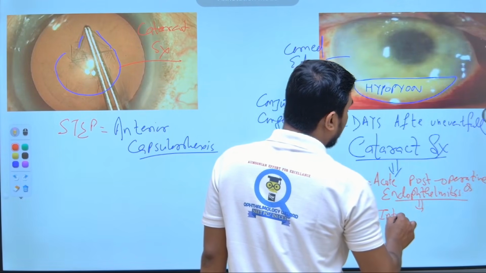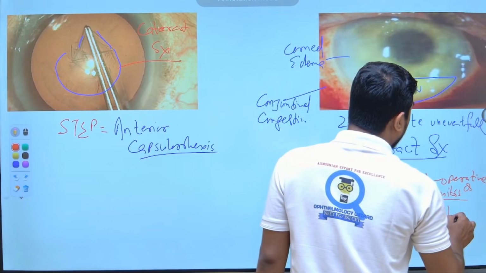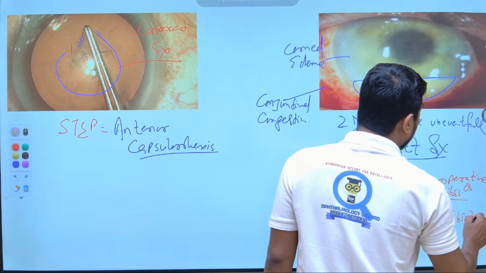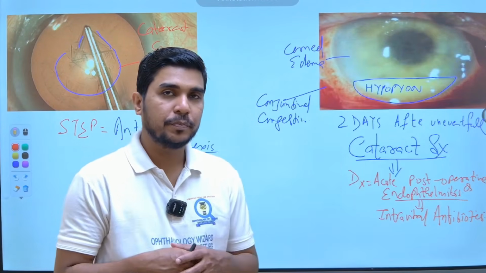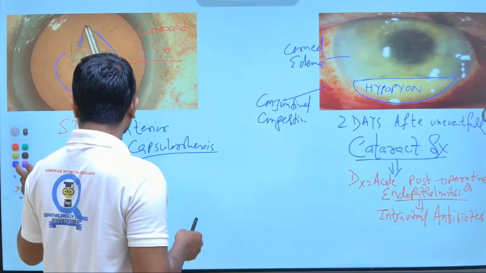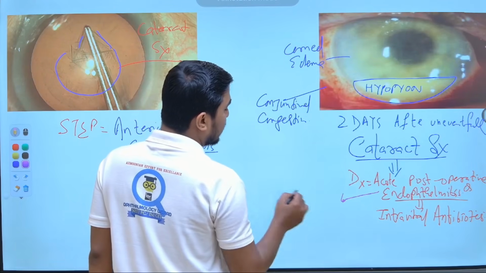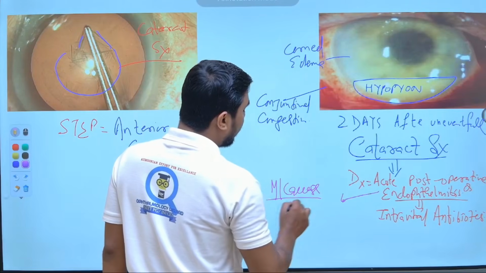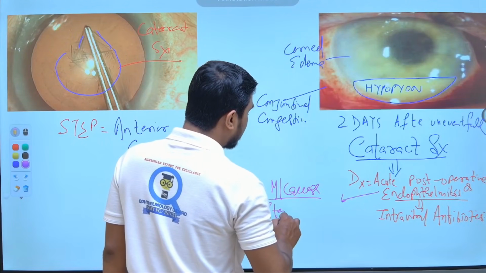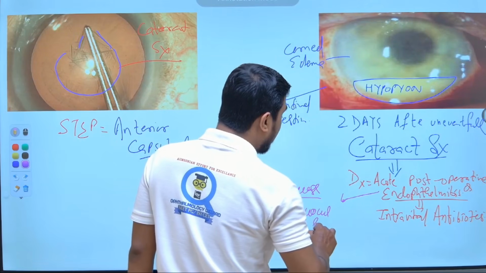Treatment will be intravitreal antibiotics. This is the immediate treatment that you can do. Another question that can be asked is, if you know the diagnosis, then the most common cause will be Staphylococcus epidermidis.